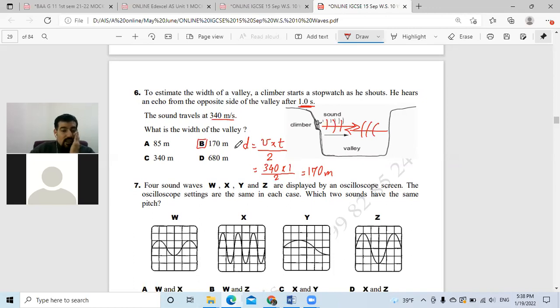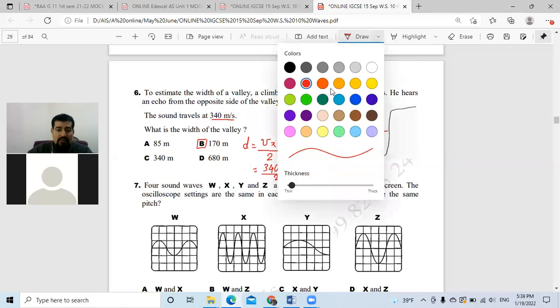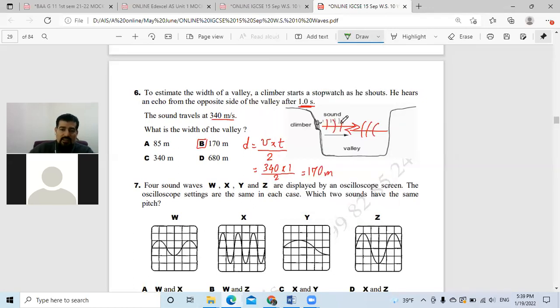Why is the answer B? There is an echo here, so we have to divide by 2. If you didn't divide by 2, you will get a mistake. The sound traveled the width of the valley twice, going and rebounding back. That's an echo. That means the time of 1 second is to go and return, so it's half a second to go once.